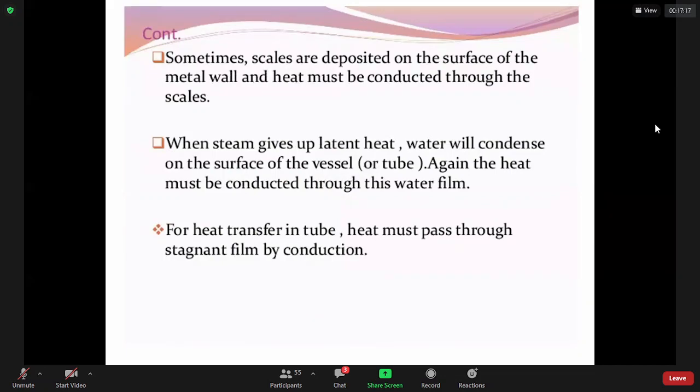So in this case, it is conduction which is taking place. When steam gives up latent heat, latent heat is the heat that is given off without changing temperature. You don't change temperature, so that's latent. Water will condense on the surface of the vessel or tube. Again, the heat must be conducted through this water film. So that is also through conduction. So for heat transfer in a tube, heat must pass through the stagnant film by conduction.